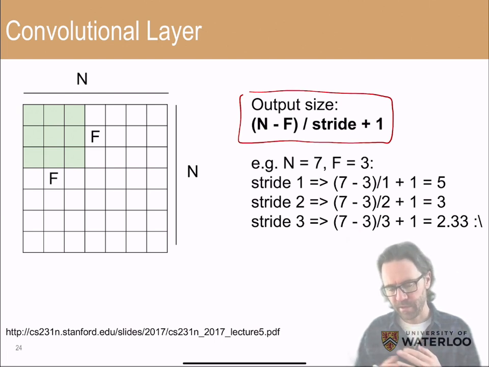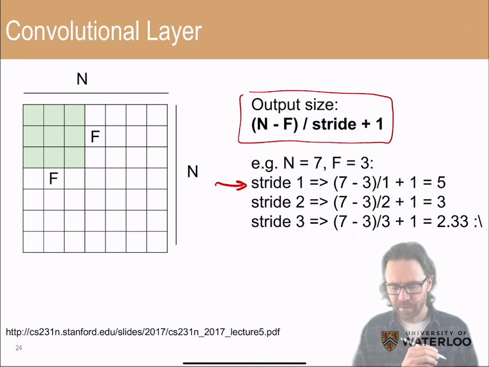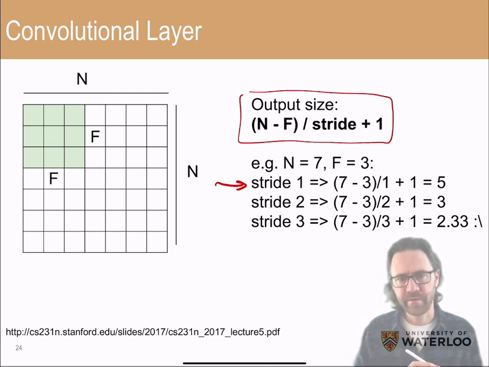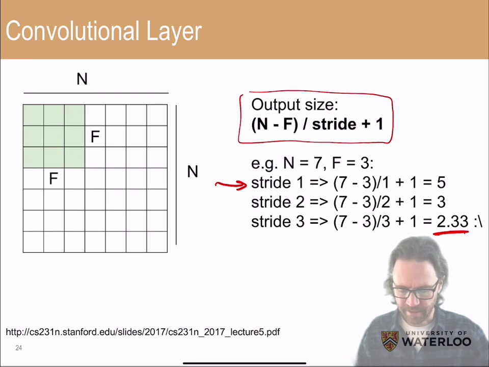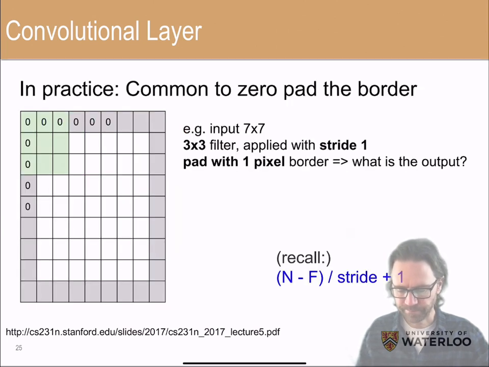So for example, when the stride was 1, we get 7 minus 3 is 4, divided by 1 is still 4, plus 1 is 5. So anyway, it's just a handy little formula to figure out what your output size will be. But again, I'm not going to dwell on it. The important thing though is you get a non-integer dimension for your next layer if your stride and your filter size don't match up.